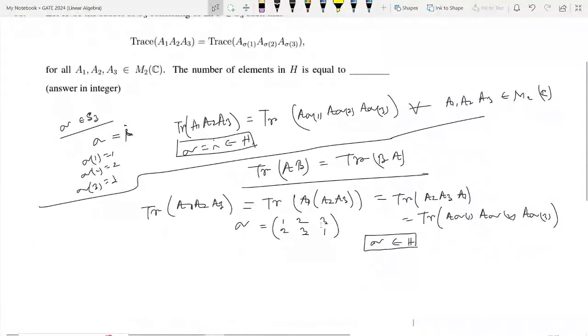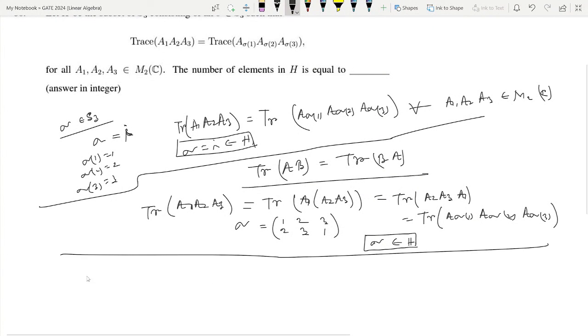Now similarly take trace A1, A2, A3, and take A1, A2 equal to A and A3 equal to B. Then this will be trace A3, A1, A2.